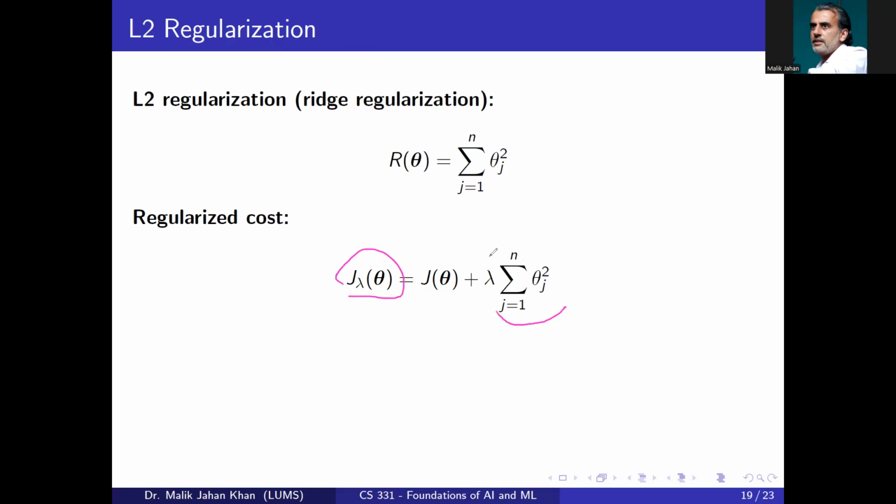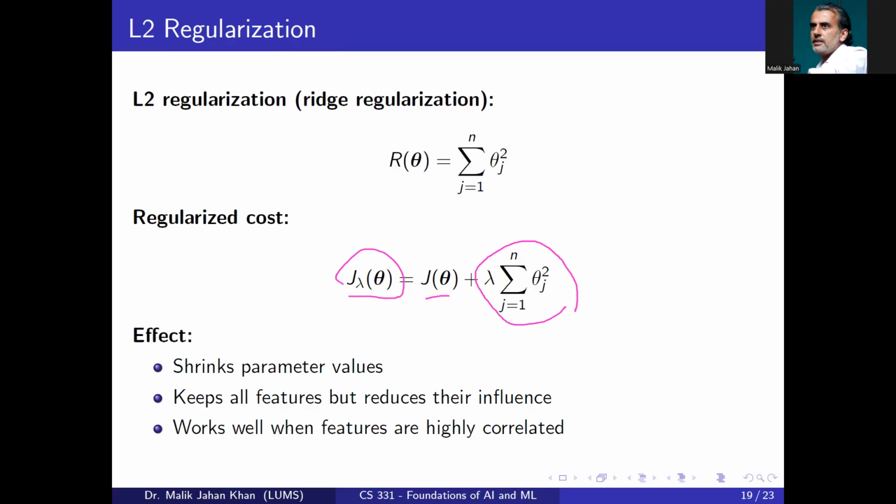So lambda times sum of squares of theta will give you the regularization term, and will get added up in your conventional loss function. So we'll call it regularized cost. The properties of ridge regularization are that it shrinks parameter values, keeps all features in the game but reduces their influence, and works well when features are highly correlated.